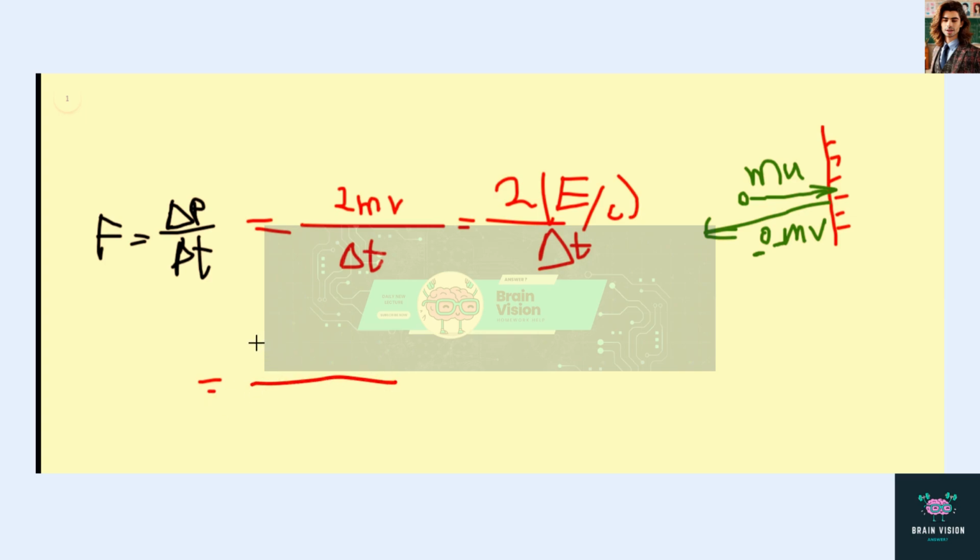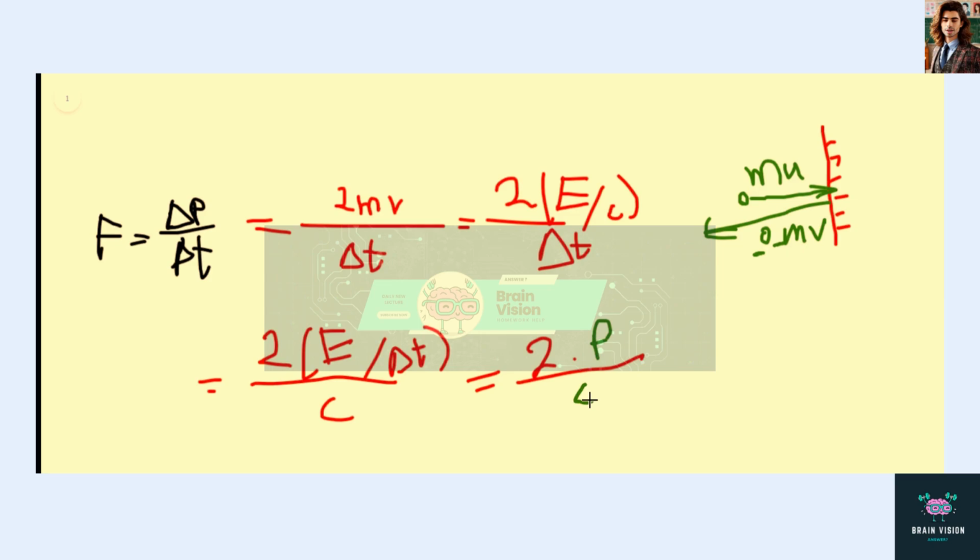So if we just take del t on top and take out c here, we see that the energy by del t can be written as the power. So 2 into power by c.